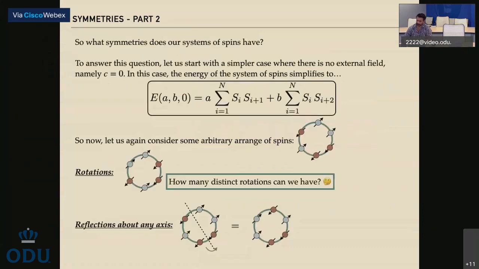Okay, so the point is that each one of these actions leaves the energy of my system invariant, because this only cares about the relative spin that I have between the nearest neighbors or the next nearest neighbors, okay? So in this case, you can think about the interaction that this has with this guy is unchanged when I flip them over, because they're still relatively opposite in spin, right?